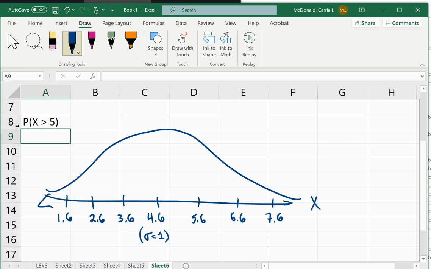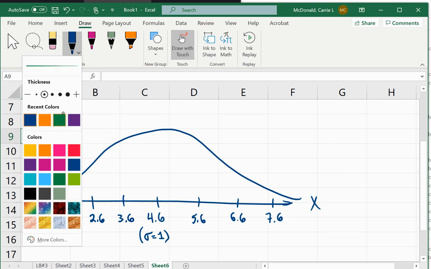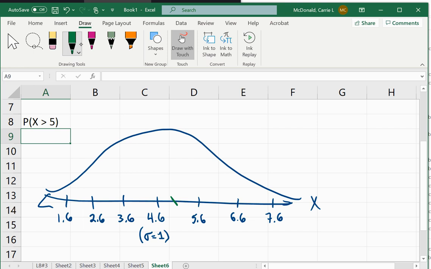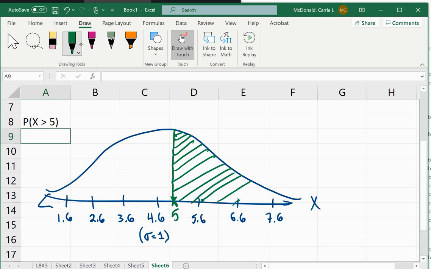Now they've asked us to find the probability that x is greater than 5. So let's mark x equals 5, somewhere in here, right? So the probability that a randomly selected item will fall in this range to the right is over here. So we're looking for this. This is the probability that x is greater than 5.